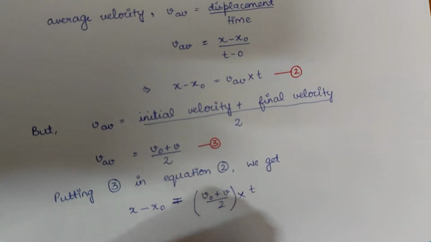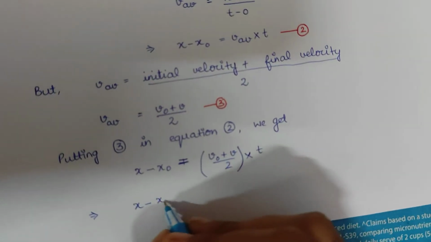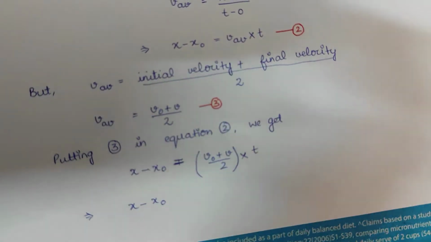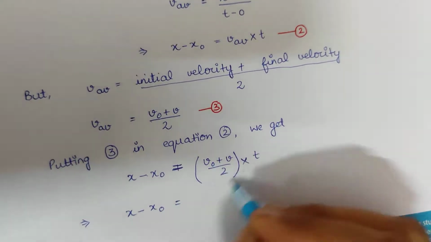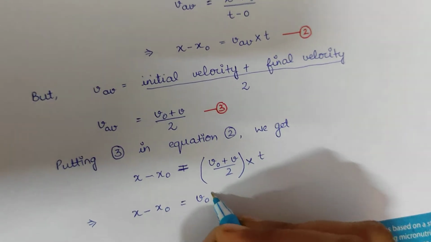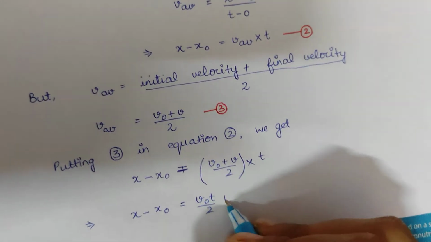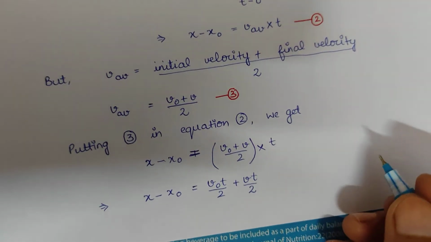Now if we solve it, we get x minus x naught equals v naught t by 2 plus v t by 2.